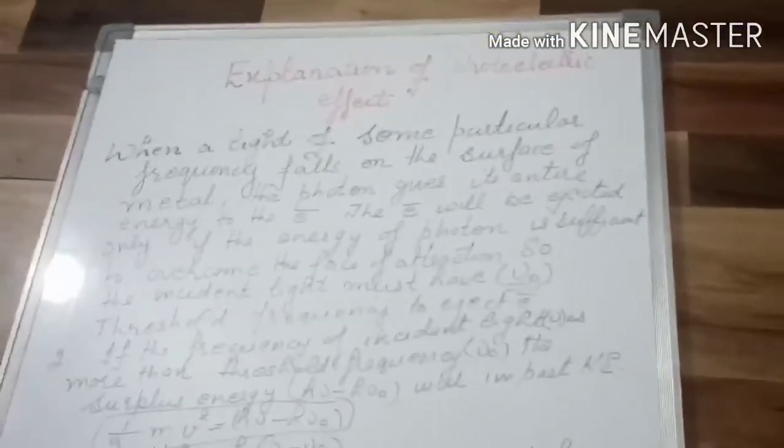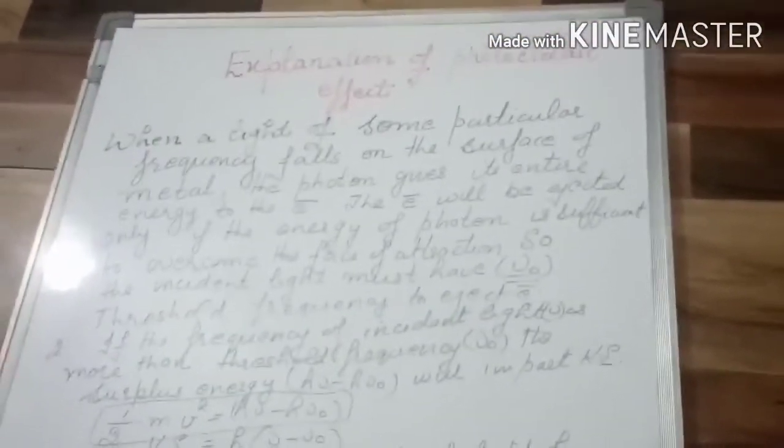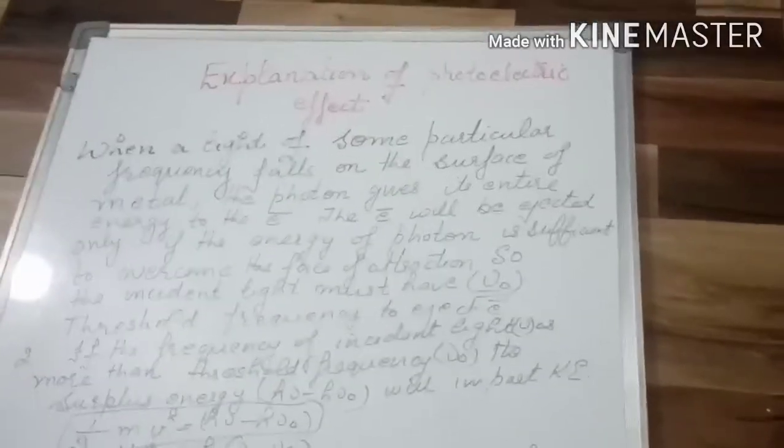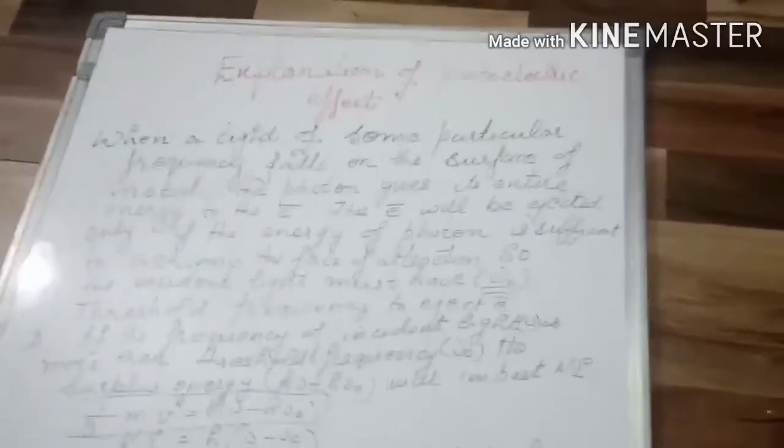Next, we come to the explanation of the photoelectric effect using Planck's quantum theory. Now students, when light of some particular frequency falls on the surface of a metal, the photon gives its complete energy to the electron of the metal atom.